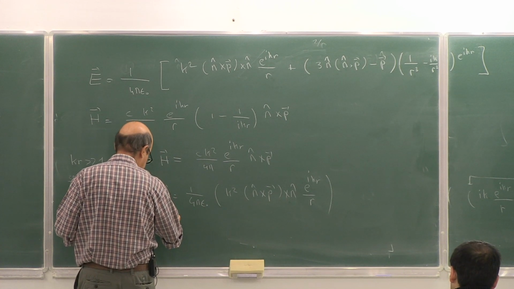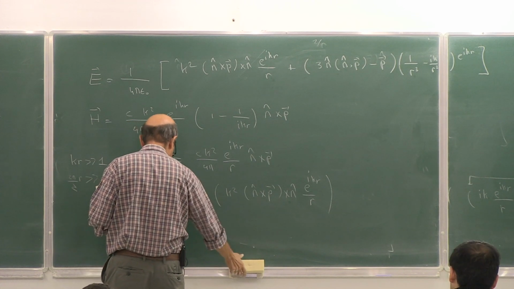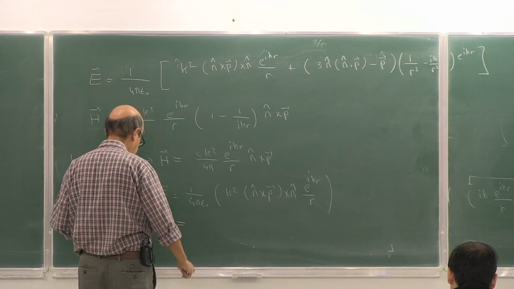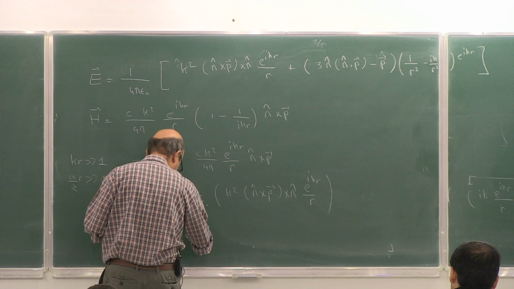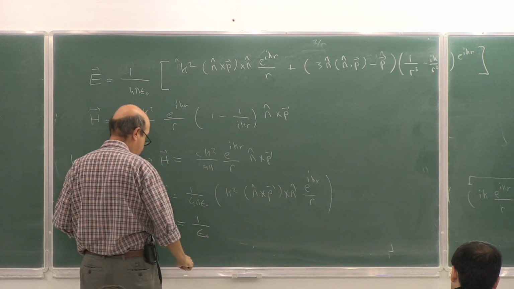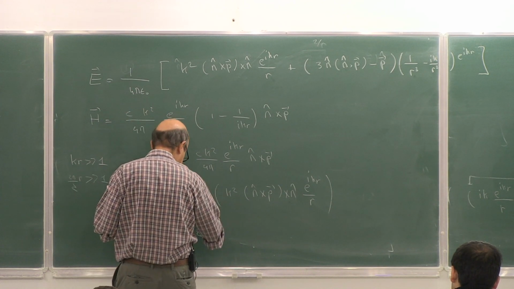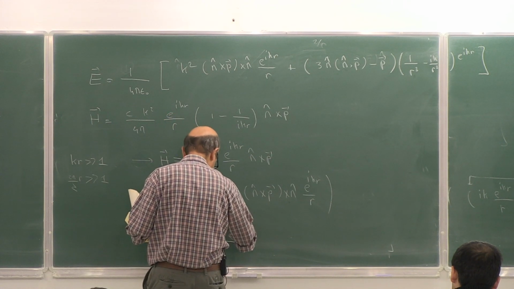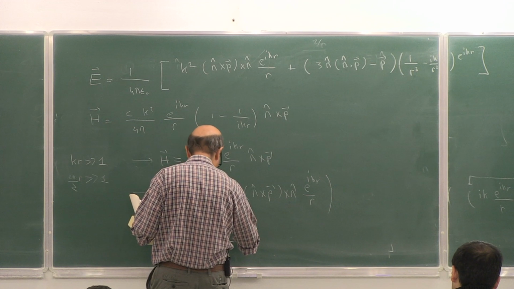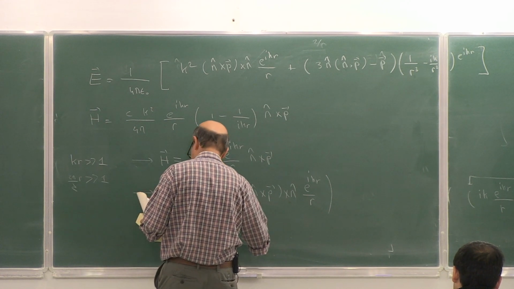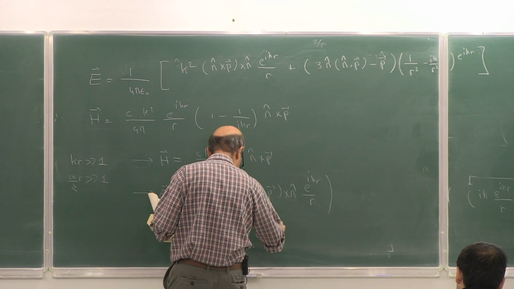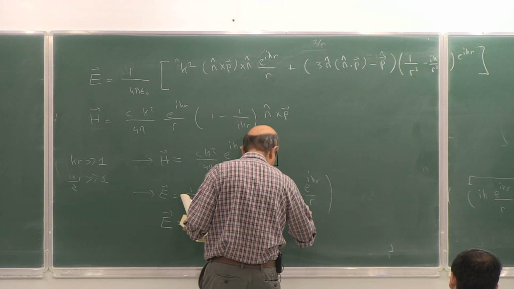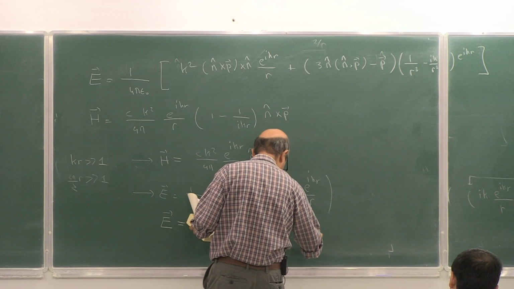So the electric field, take the 1 over epsilon 0 out, multiply by C divide by C, and you will get C k square over 4 pi n cross P e to the ikr over r cross n.